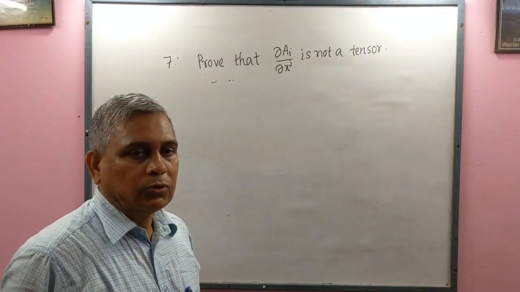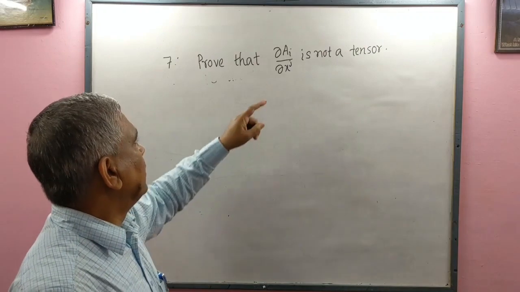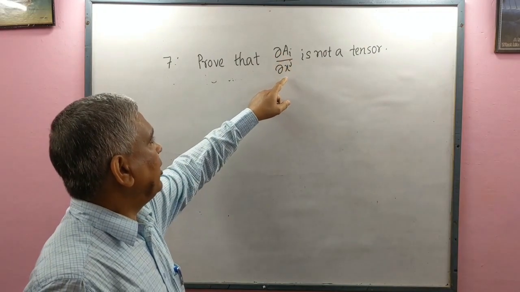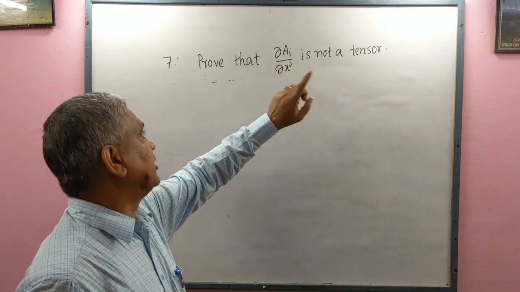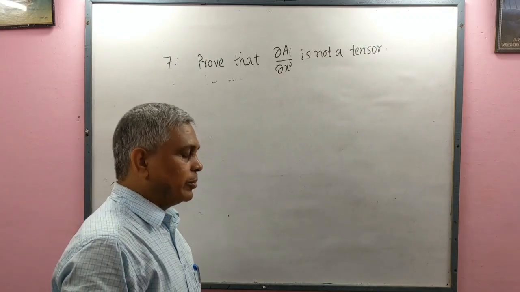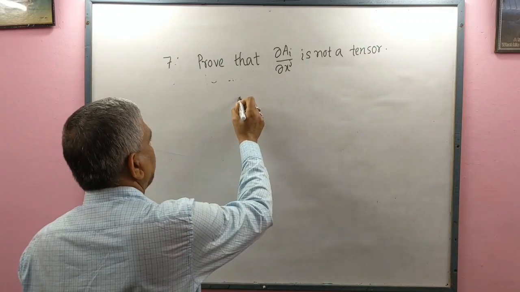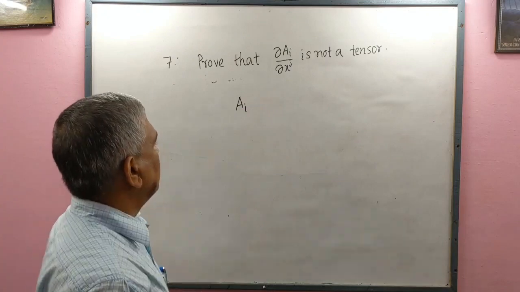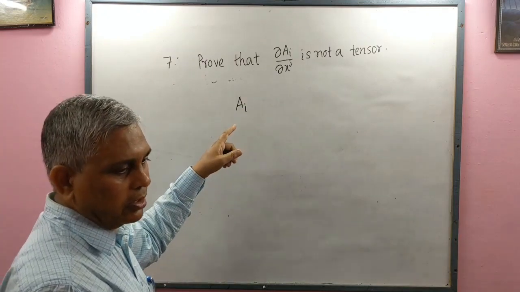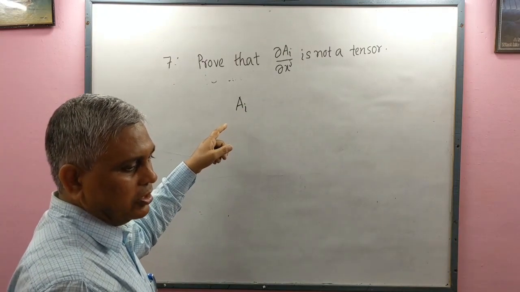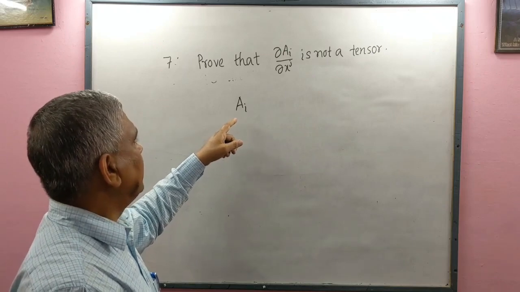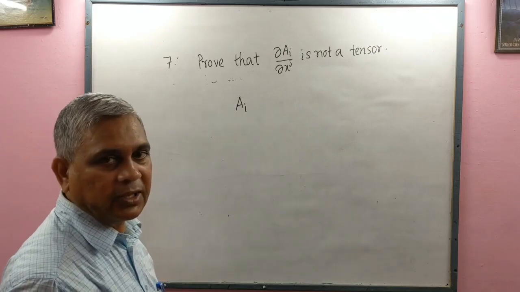Now we shall prove that del a i by del x j is not a tensor, even if a i is a tensor of rank 1. This is a covariant tensor in x system of coordinates.